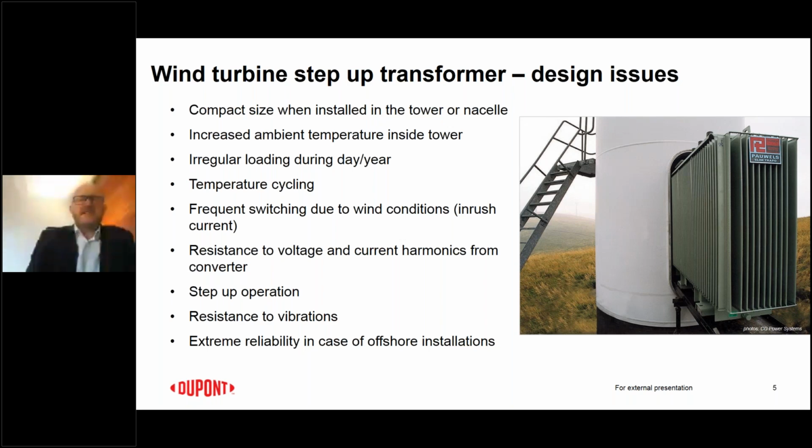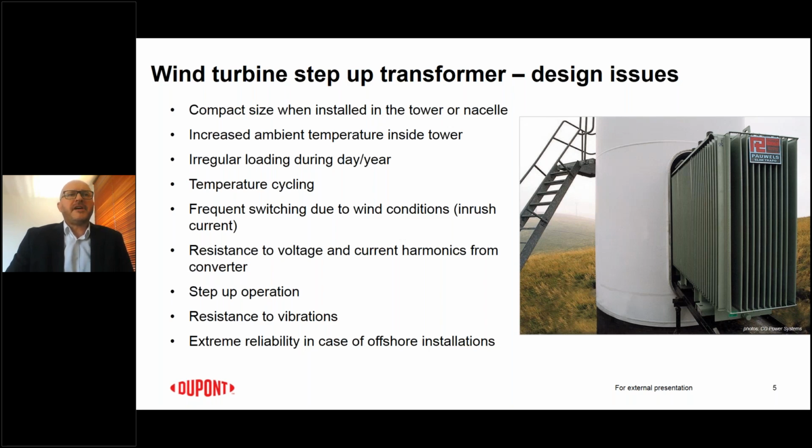Also the resistance to vibrations, whether the transformers are installed in the tower or in the nacelle. And when moving towards offshore applications, definitely reliability became a critical part, because nobody wants to do the maintenance or replacement of transformers in offshore installations. So these were the features of the wind turbine step-up transformers which are important to mention.